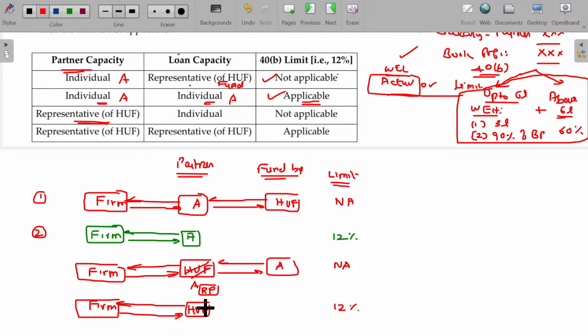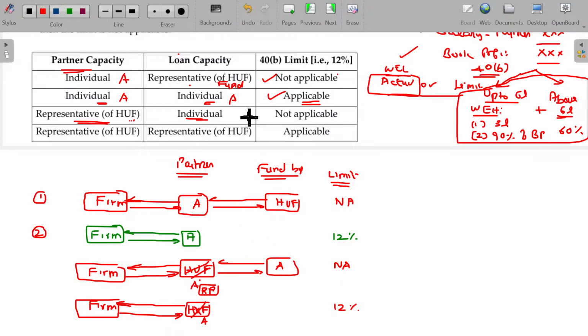In the HUF we may have around 10 family members also. How can we allow all the 10 members to sign? Then we ask Mr. A to sign, but in a representative capacity. Means he gets the fund from the HUF and he deposits. Only signing is in his own hand. So though A is the partner, A being the representative of HUF means only HUF is the partner, A is the representative person for signing purposes.